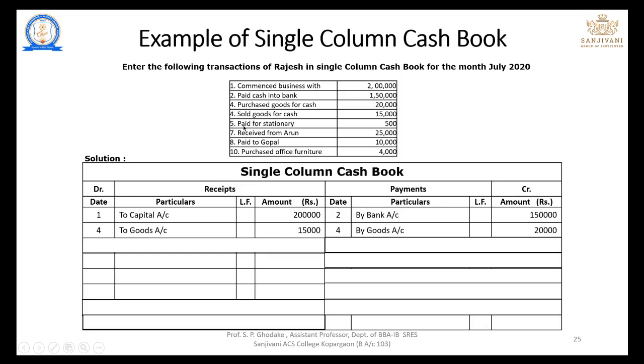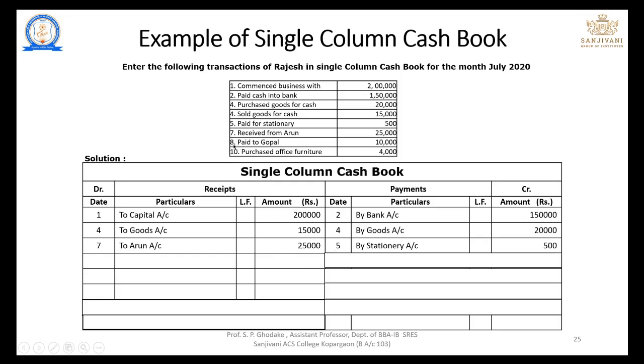Then again on 5th we have paid for stationery. As paid, which means that it is a payment, so here 5th by stationery 500. Then next, 7th, received from Arun 25,000. As it is a receipt, here to Arun account 25,000.